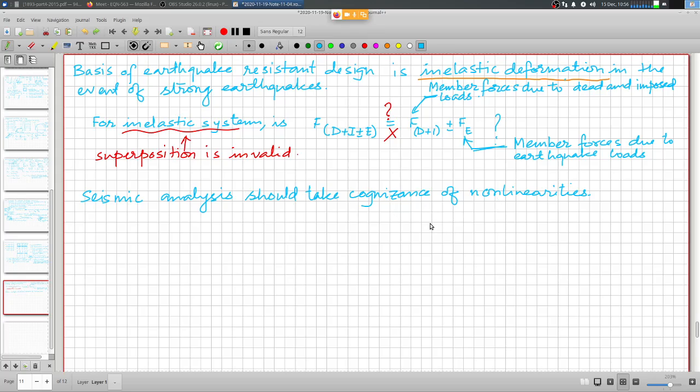So the first source of non-linearities is the very simple stress strain curve, right? Even your stress strain curve of the concrete is non-linear. It's not a straight line.